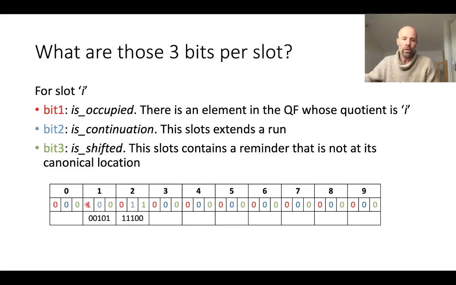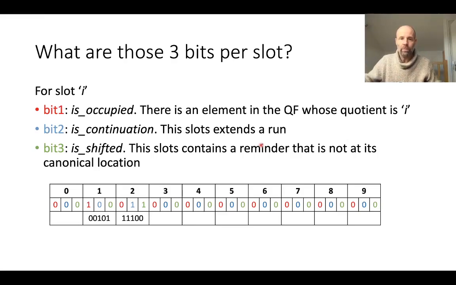So in our example, here we know that there is somewhere in the filter at least one element whose quotient is equal to 1, because we have a 1 at address 1. All others are equal to 0. This means that there is no element with any other quotient in the filter. Okay, if you understood this, you can forget about this first bit.